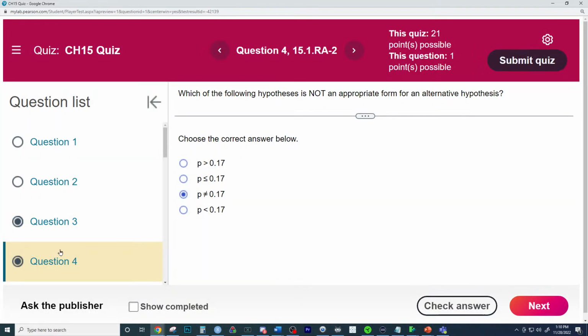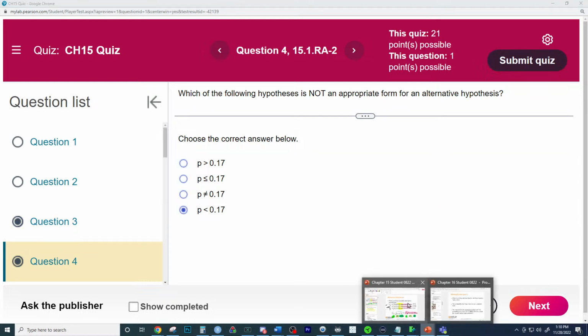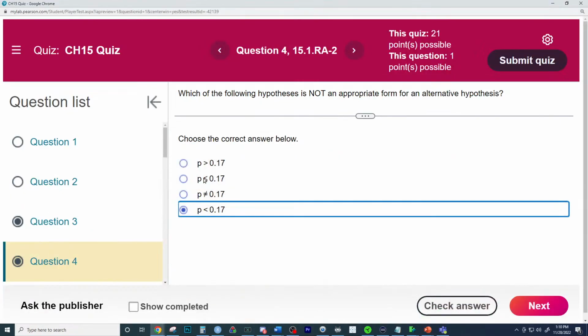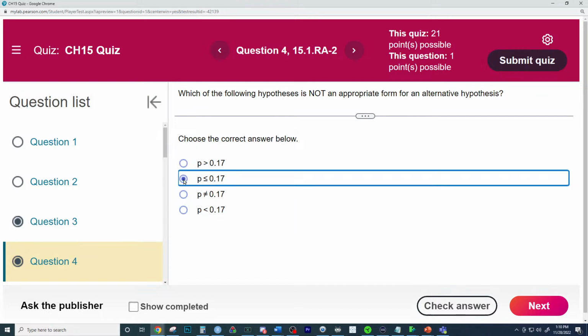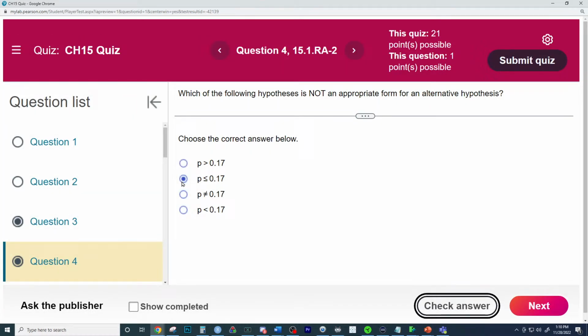And for the alternative, what three alternatives do we have right here? You can see the three of them. So is it choice 1, 2, 3, or 4? Yeah, exactly. We wouldn't do this because that shares the equals which the null has. So we wouldn't do number 2.